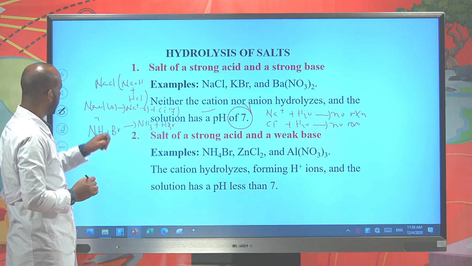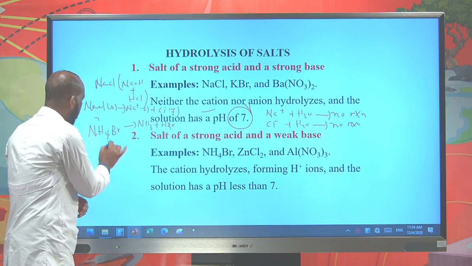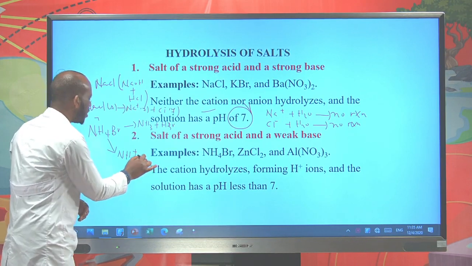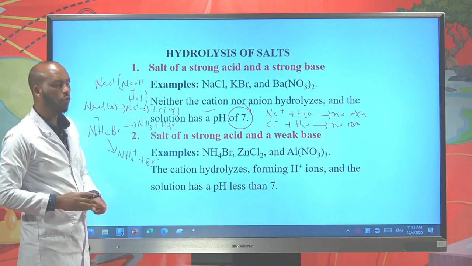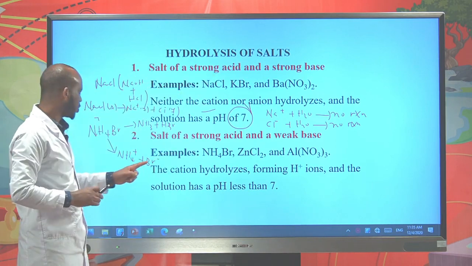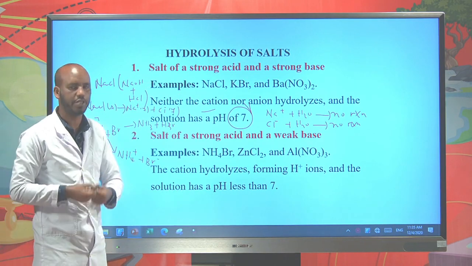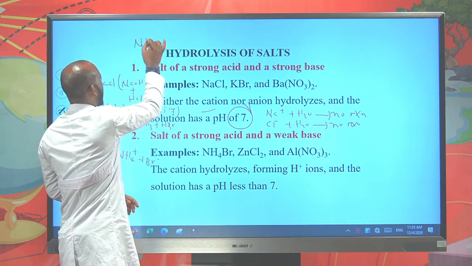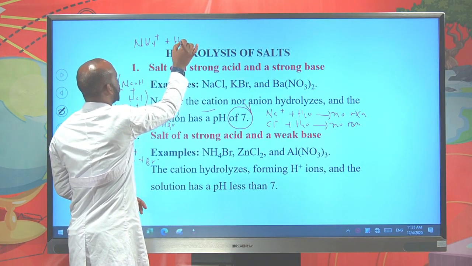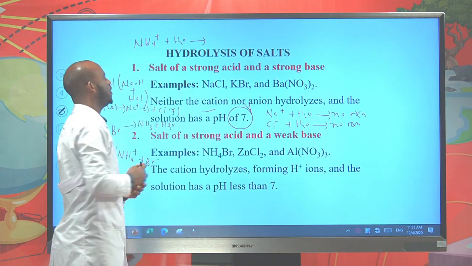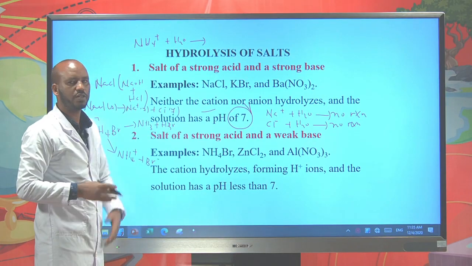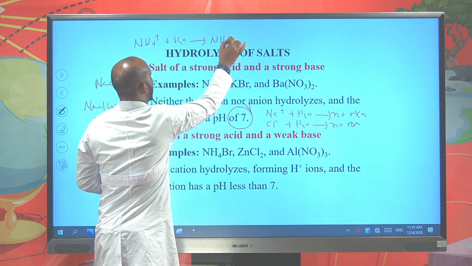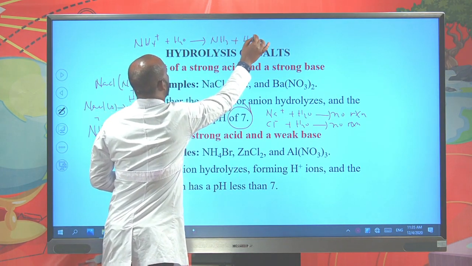If this salt dissolves in water, it dissociates into NH4+ plus Br-. Now, hydrolysis of salt is the reaction of ions of the salt with water. Therefore, NH4+ plus water, H2O liquid. Now this is an acid. Acids are proton donors. It gives ammonia, NH3, and hydronium ion, H3O+.